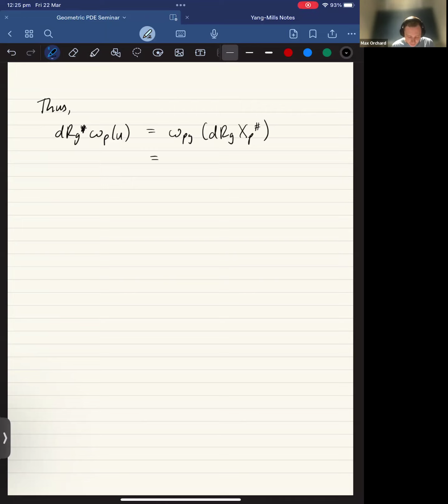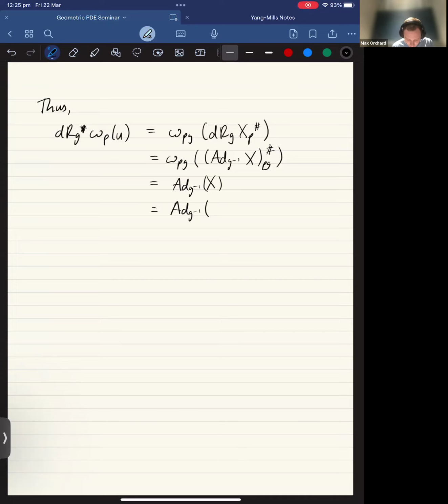By the lemma, we know that this is equal to the fundamental vector field corresponding to this adjoint. But because the connection form evaluated on fundamental vector fields just evaluates to exactly this, we've essentially gotten what we wanted.